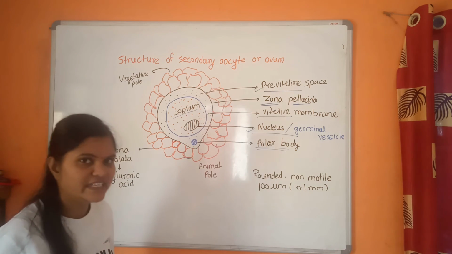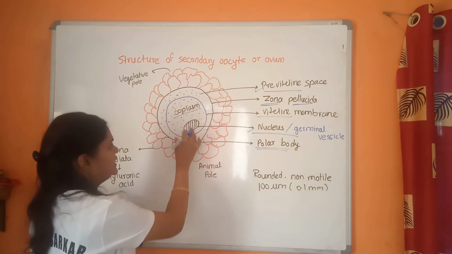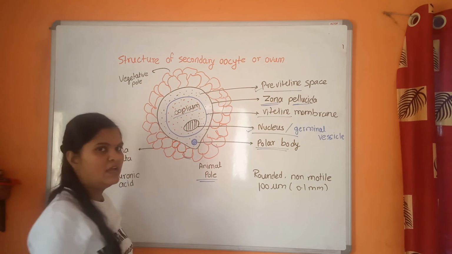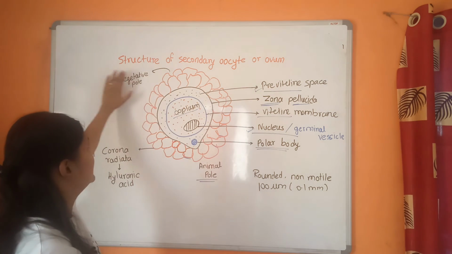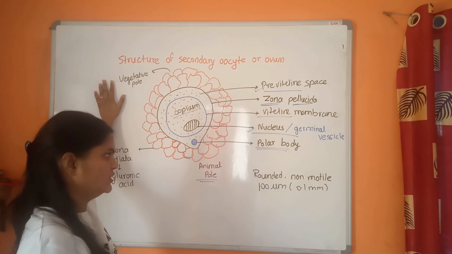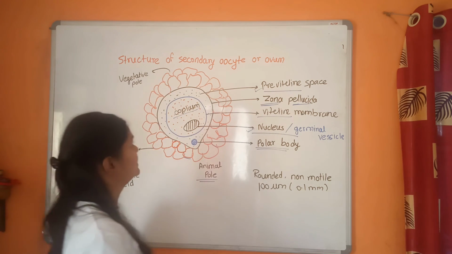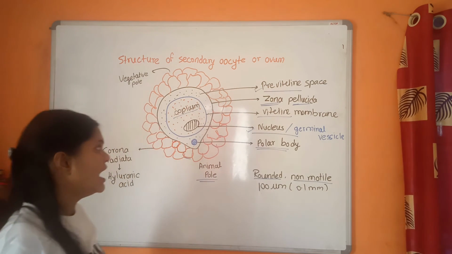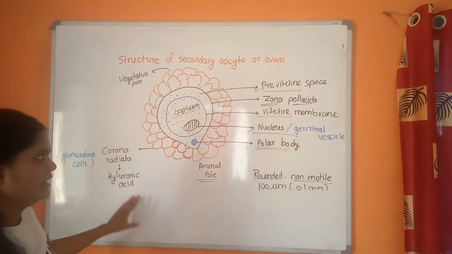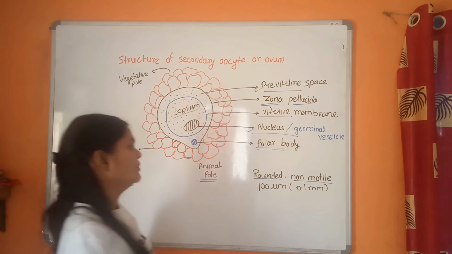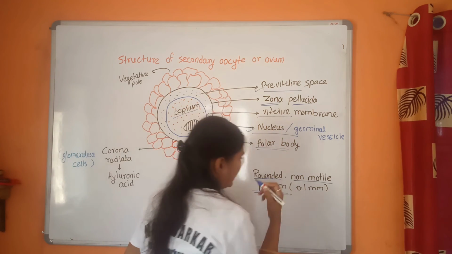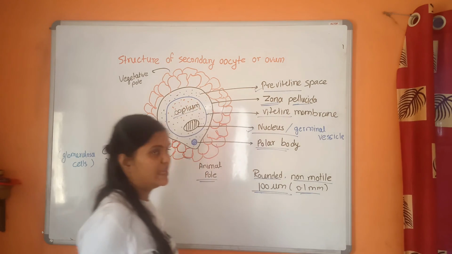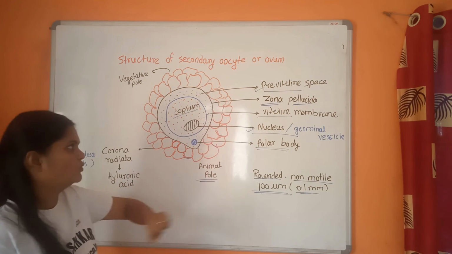The end where the polar body and nucleus are present is called the animal pole, and the opposite of this is called the vegetative pole. It is a rounded, non-motile structure, and it is the largest cell in the human female body, 100 micrometer in size, that is 0.1 mm.